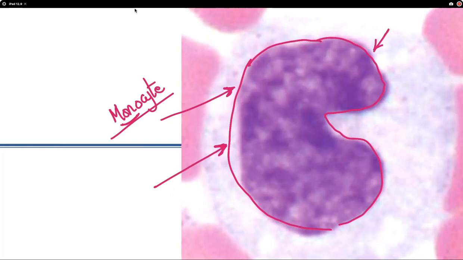Monocytes migrate from the bloodstream to relocate within the tissues of the organs to become the tissue macrophages. Those are again my monocytes, and the special characteristic here that allows us to identify them is this kidney-shaped nucleus.